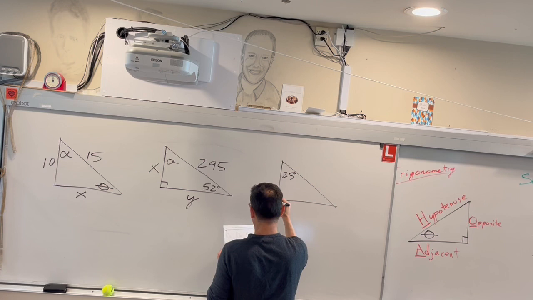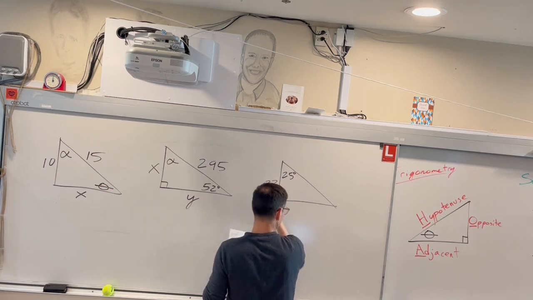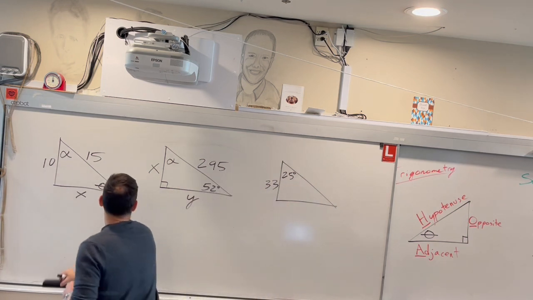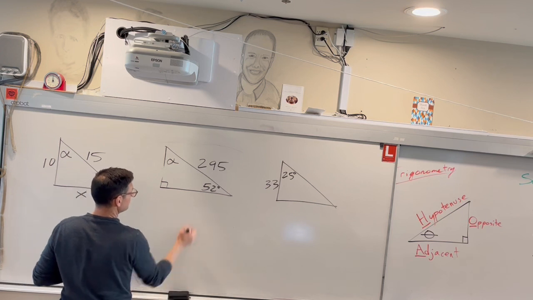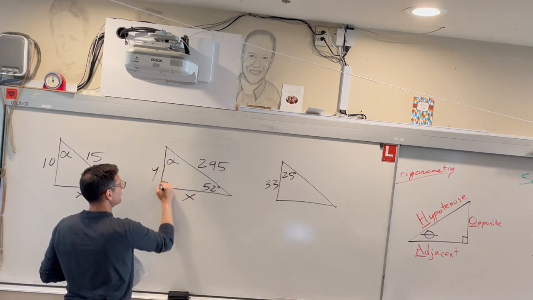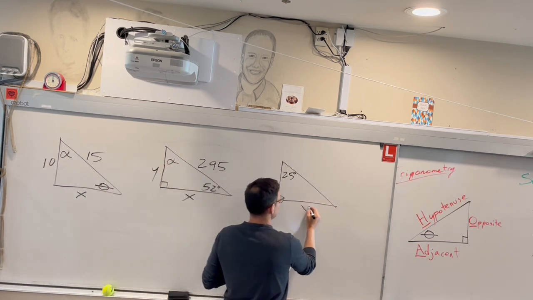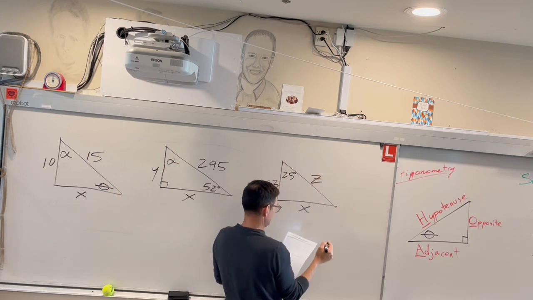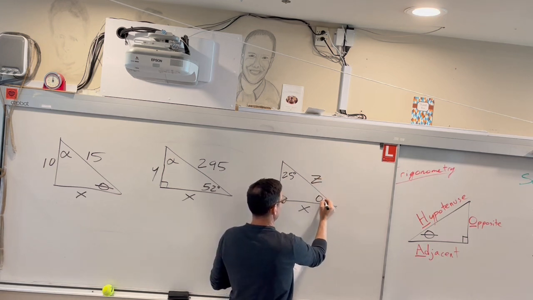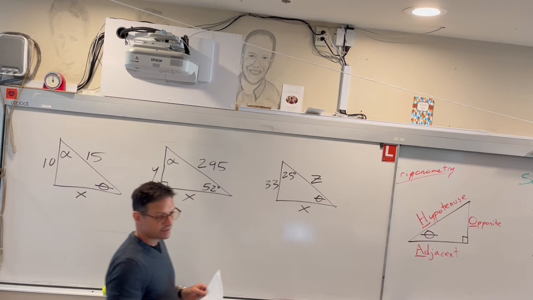Actually, this is confusing. So 25. Make this x. No, wait, this is y. So this is x and this is z. What do you want us to find? Everything that's not known.